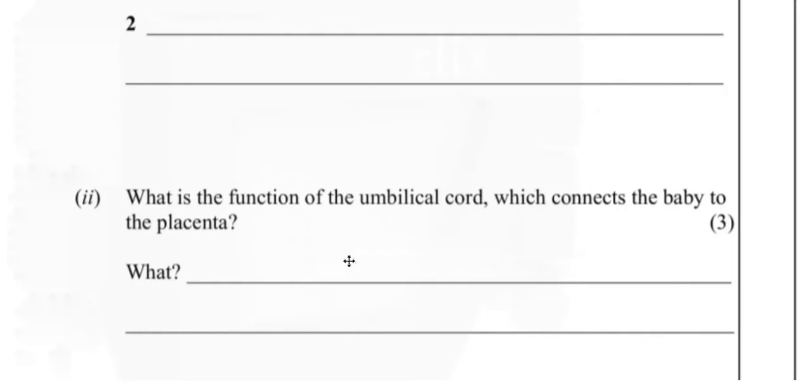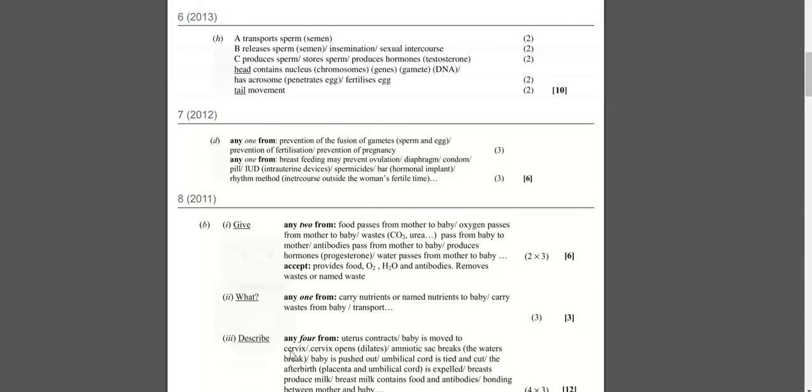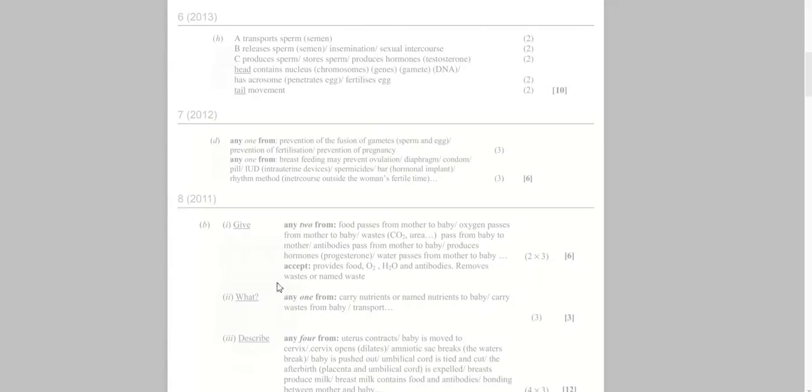Now, question 3. What's the function of the umbilical cord which connects the baby to the placenta? Well, the umbilical cord carries blood to the baby, and what's inside the blood would be food and oxygen. So we imagine it'd be some sort of answer like that. Carries nutrients to baby, carries waste from baby. Okay, so they don't want to necessarily talk about the blood.